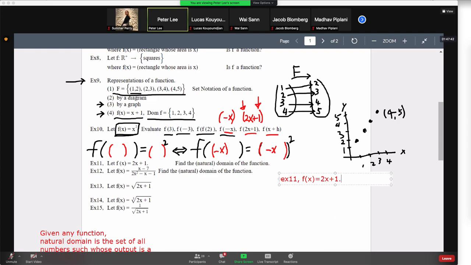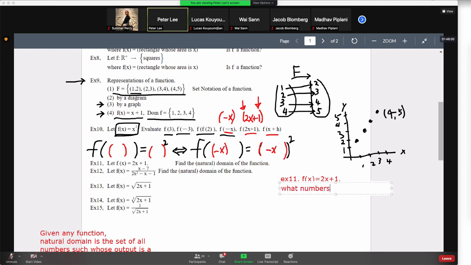So we want the largest possible domain. When it says natural domain, x is the domain, x is the input. So the question is, what values can we put in here?